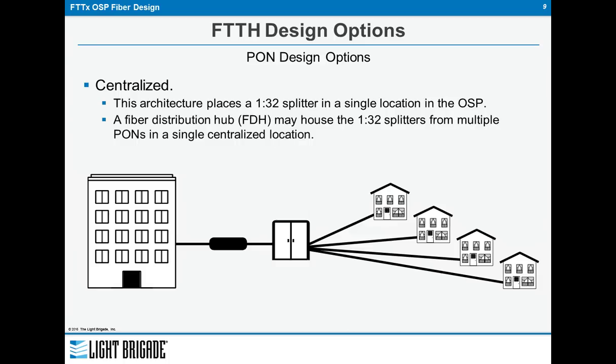Later on in this presentation, we'll talk about what's the best appropriate size, how many splitters we should put in a cabinet, what's the most economical size. But at this point, I just wanted to talk about the concept of centralized splitter. Again, the economics of having a cabinet allows you to add splitters and optical line ports or optical line terminals.